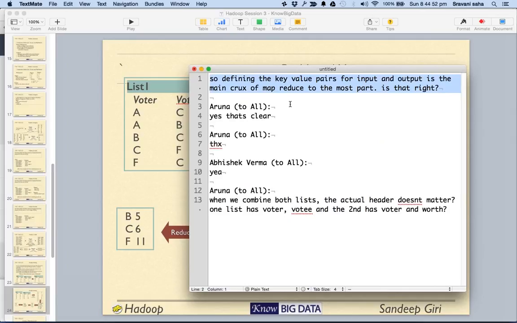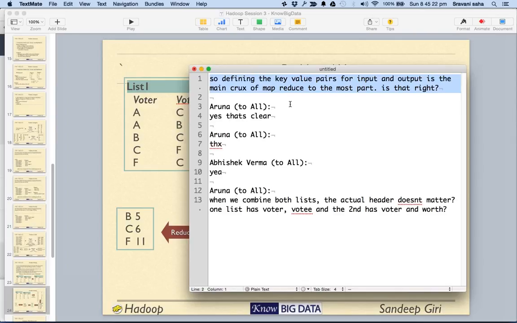So Aruna's point is that defining the key value pairs for input and output is the main crux of MapReduce for the most part. Yes. First is defining the key and the value in the map phase. The most important part is probably figuring out how we can break our problem into a sorting problem.